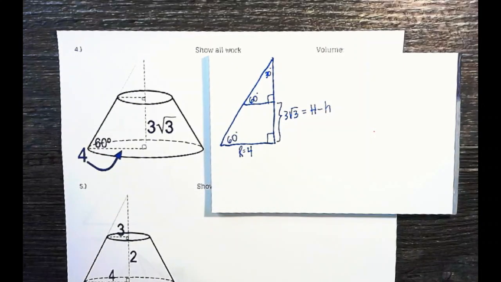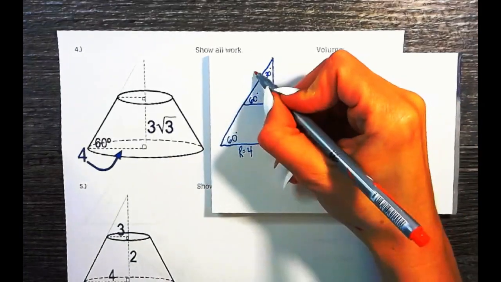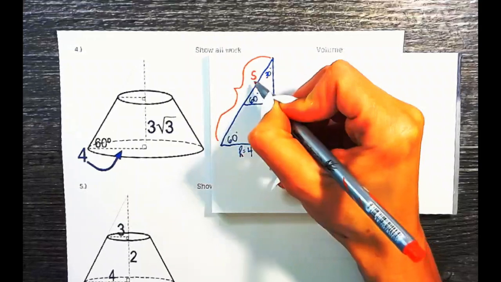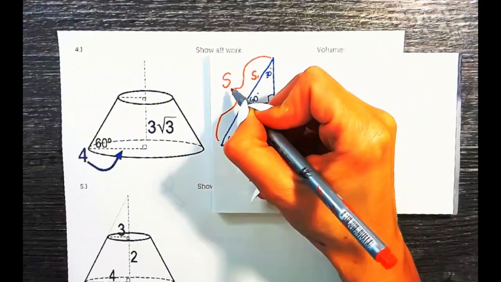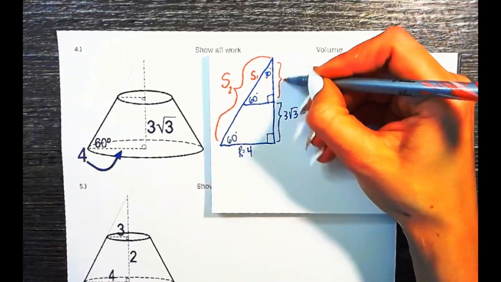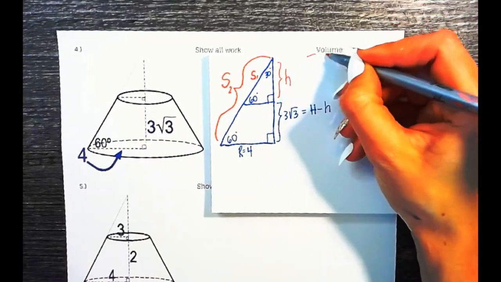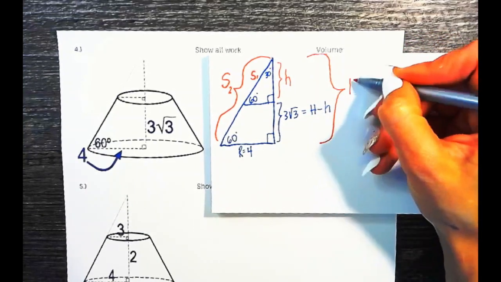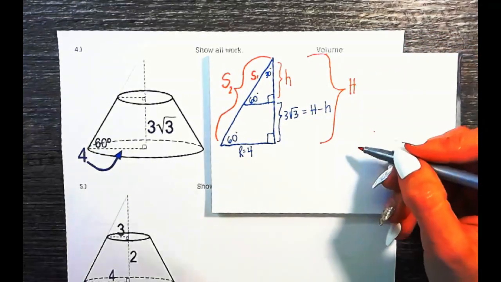Now I'm also going to go in and add some other pieces of information. Here we have lowercase s, or S1, and here we have capital S, or S2. This right here is lowercase h, and this whole thing is capital H.